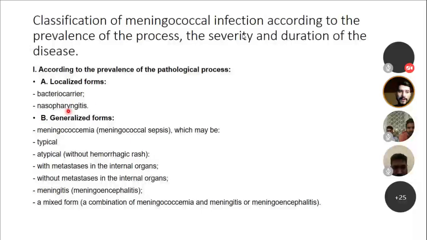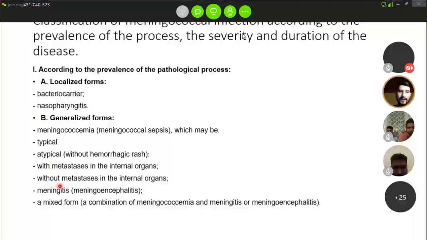Nasopharyngitis, sore throat and purulent discharge from the nose. Nothing else. It may go into the bloodstream, but not necessarily. Be very attentive to what I say, because of course there could be a generalized form, meningococcemia, or it can be meningitis, depending on how the bacteria act, where they go, and what they do.